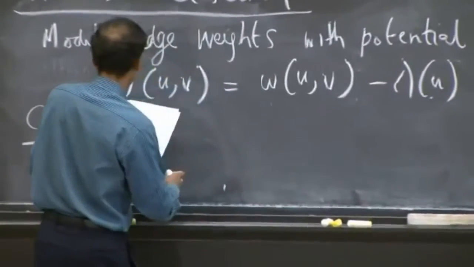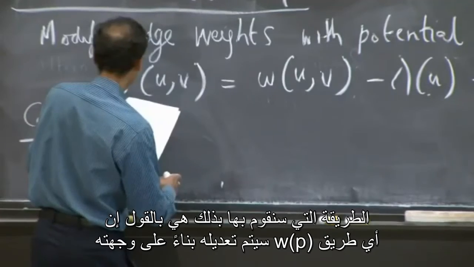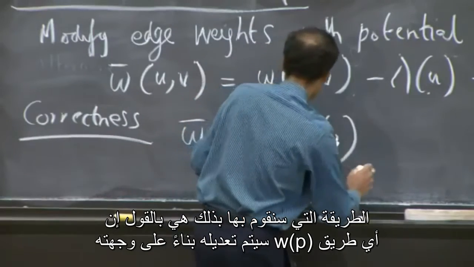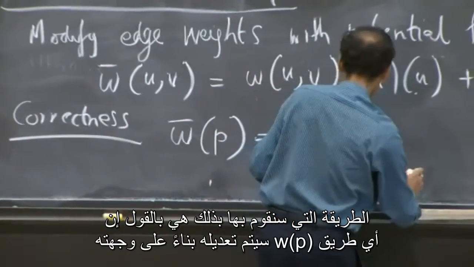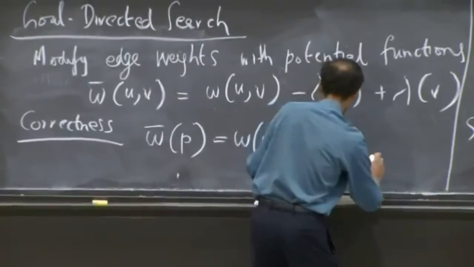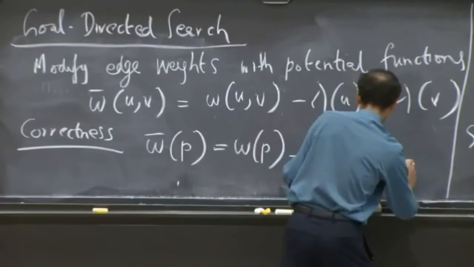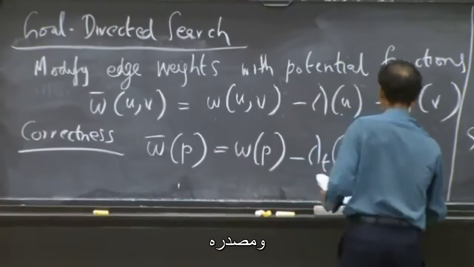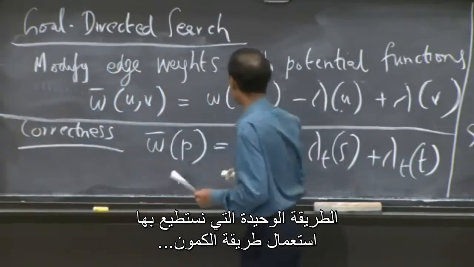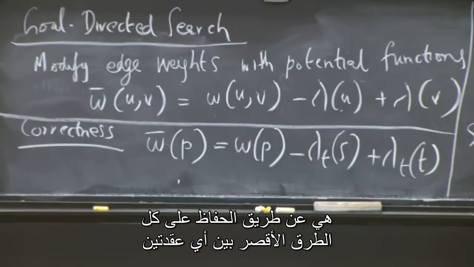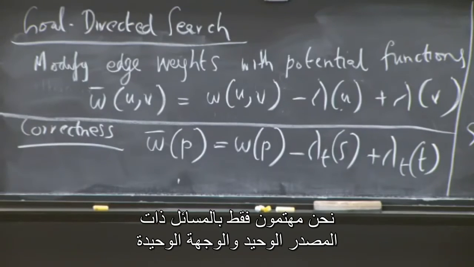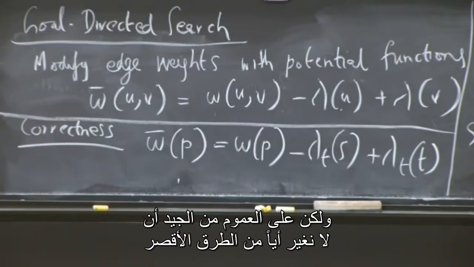Right? So the way we are going to do this is by saying that any path weight w(p) is going to get modified based on its destination and source. So the only way that we can use the potential method is by ensuring that all of the shortest paths between any pair of vertices, we're only concerned about single source, single target here, but in general, it's a good thing to not change any of the shortest paths.